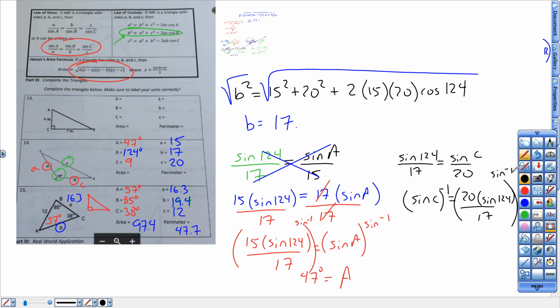So that didn't give me the same answer. Let's try it again. So inverse sine 20. I get 77.